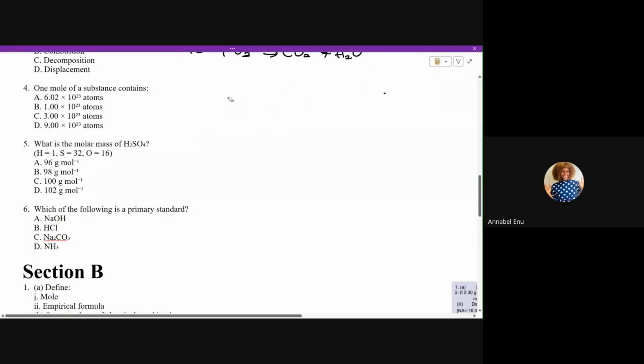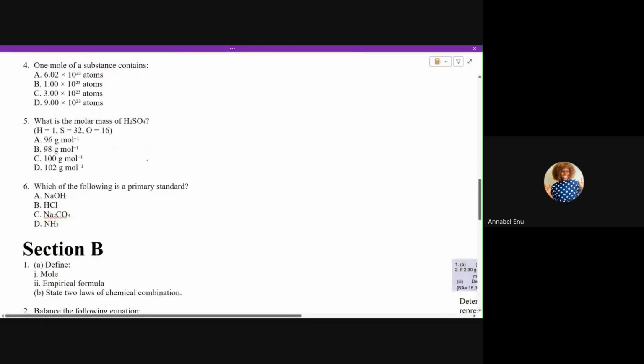Okay, so the next question says, what's the molar mass of this compound? When we see all these values in brackets, they are telling us the molar mass of each element present in the compound. H is 1, and we have 2 H. Then S is 32, and oxygen, we have 4 of it.